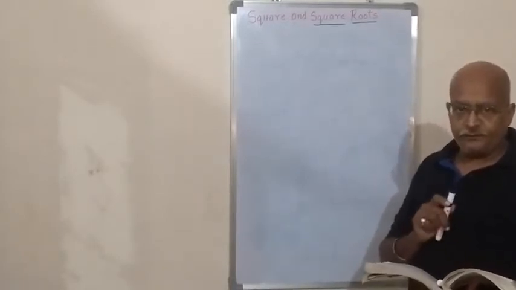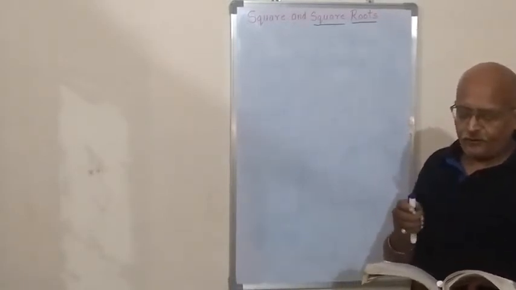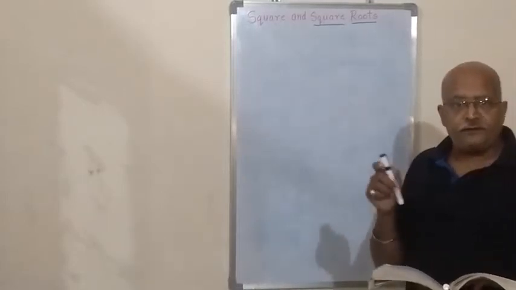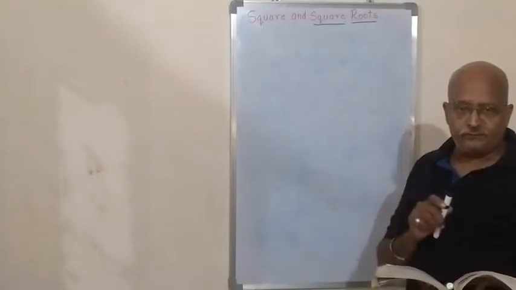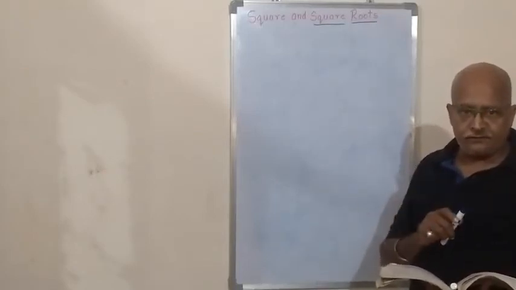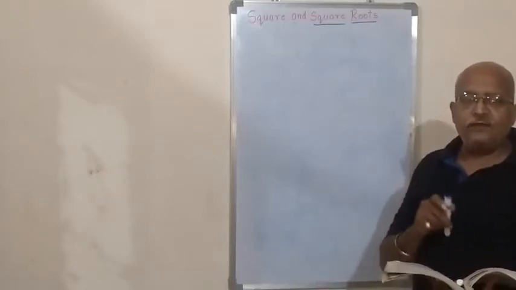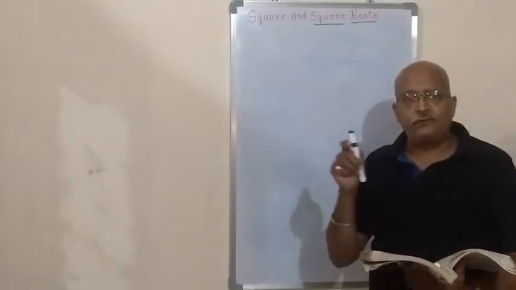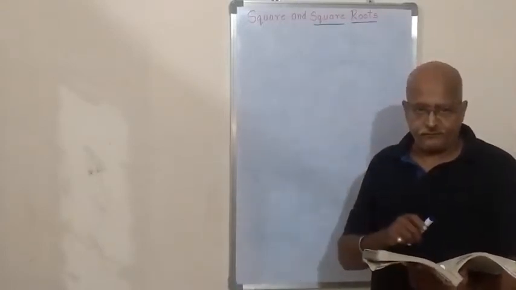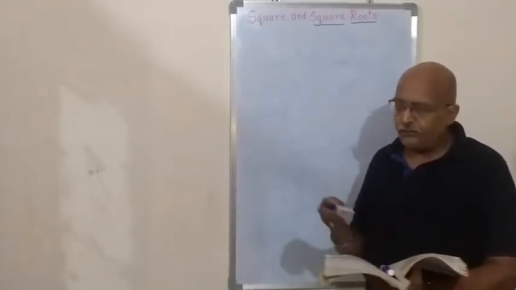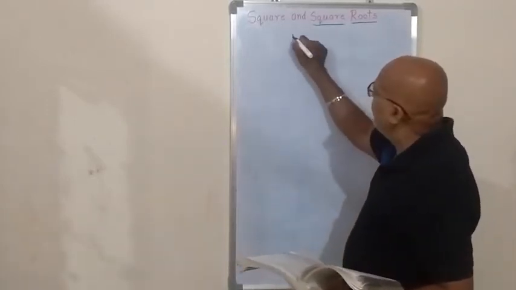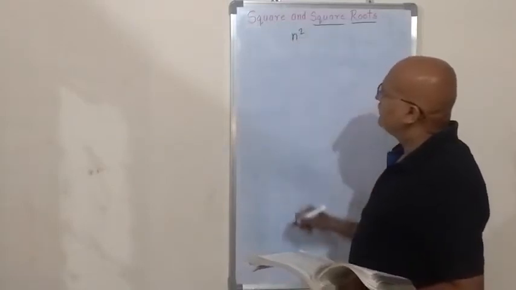But as we have perfect squares, we will get a whole number or an integer only when we find the square root of perfect squares. As we know, squares we write as n square.